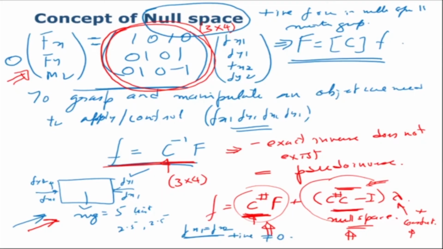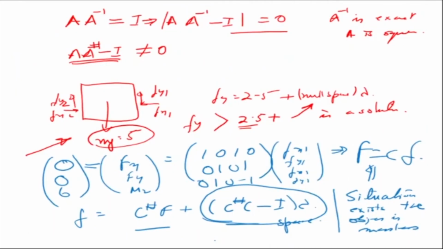So when we are saying grasping an object, that is English language. Mathematically, what is grasping an object? Grasping an object essentially means that you must have forces in the null space, and they must be positive. The moment that they become 0, your grasp will fail. So in this particular case, what will be this part? If you can guess.